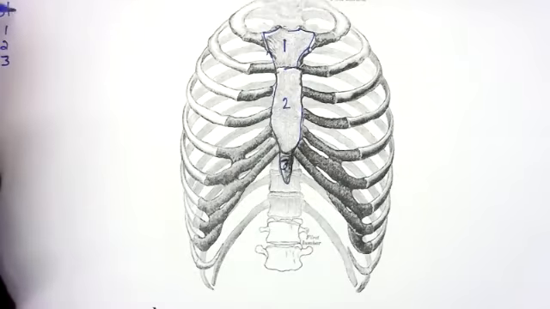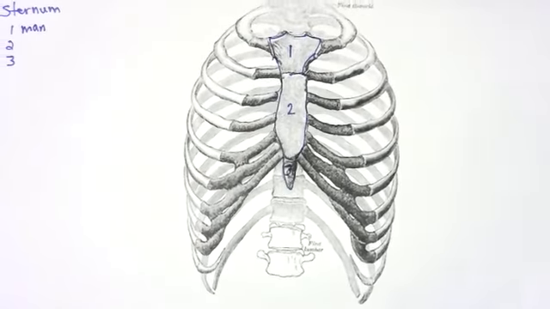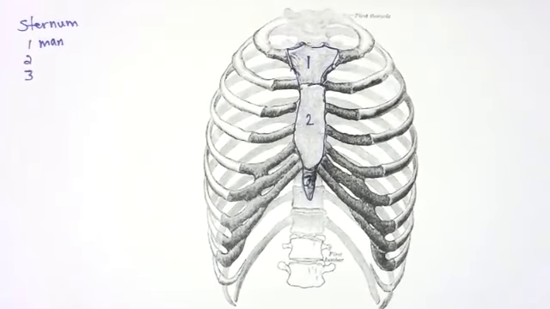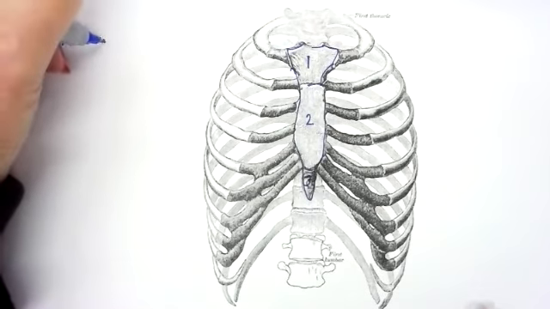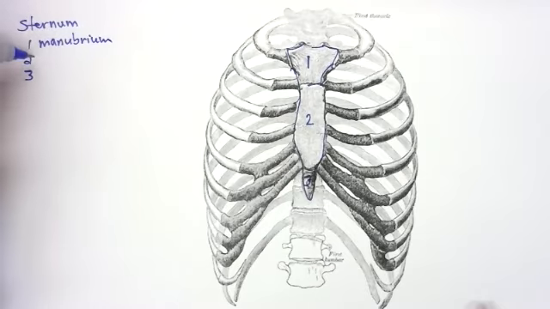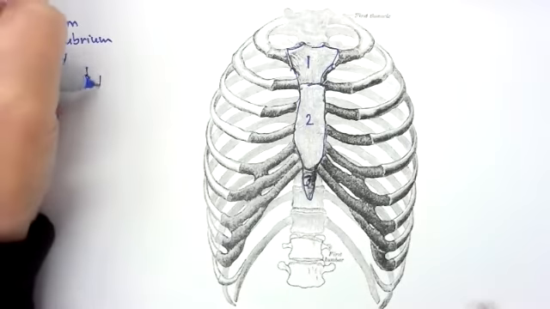And these are all parts of the sternum. So Section 1 is called the manubrium, M-A-N-U-B-R-I-U-M. Section 2 is the body of the sternum. And Section 3 is the xiphoid process, X-I-P-H-O-I-D P-R-O-C-E-S-S.